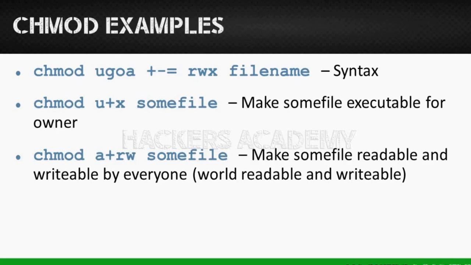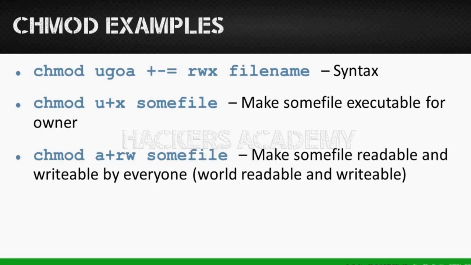It's used to grant permissions to other users, and it's particularly useful for making executables. The way this is used, we start with the chmod command, then the category, either U, G, O, or A, then the operation, plus, minus, or equal, then the permission, read, write, or execute, and the file name that we want to change the permissions to.